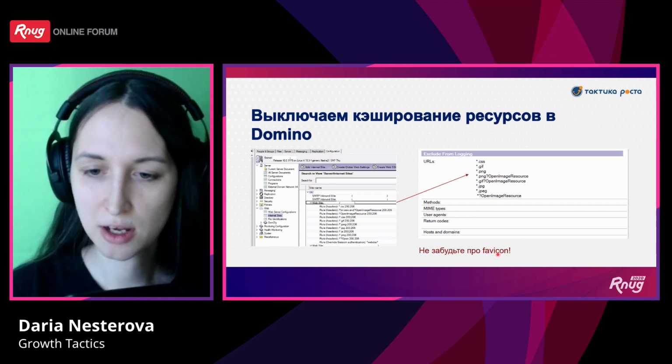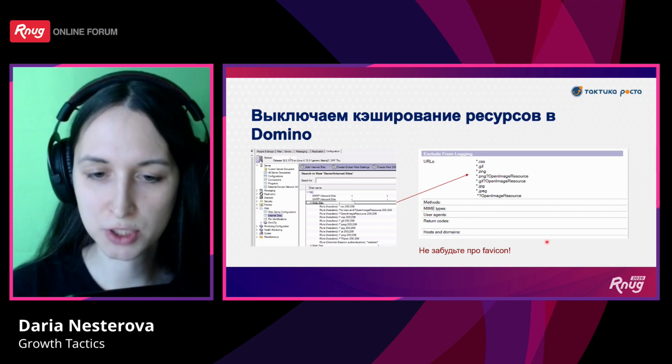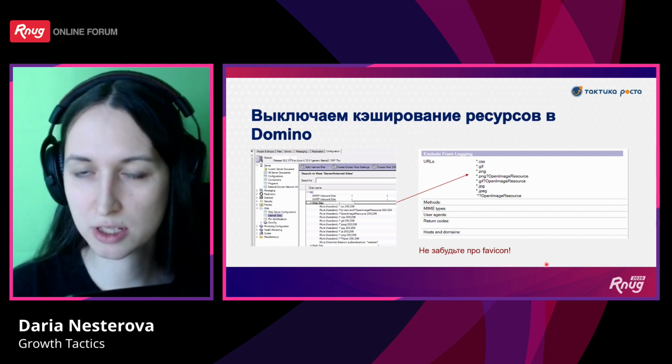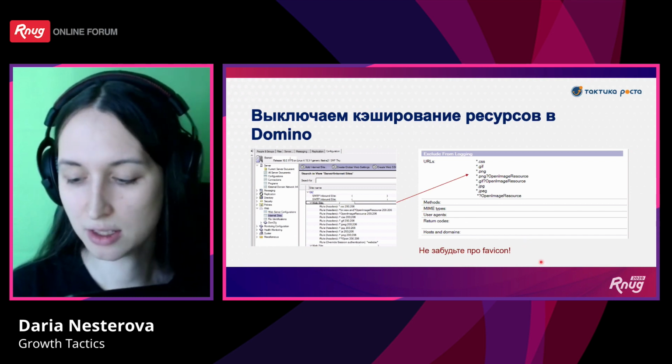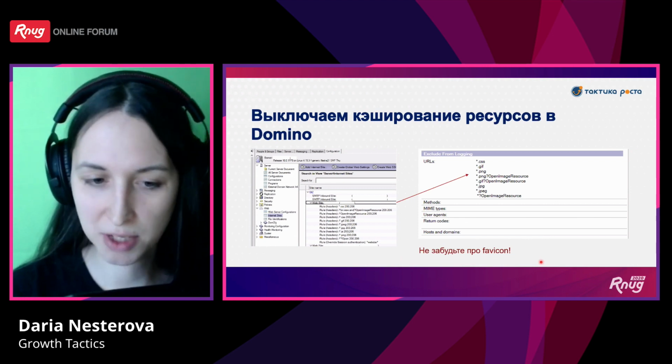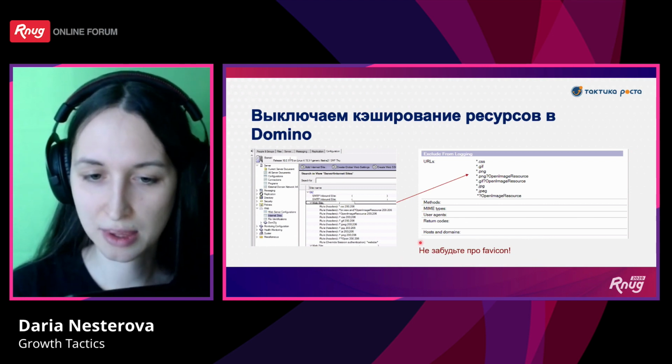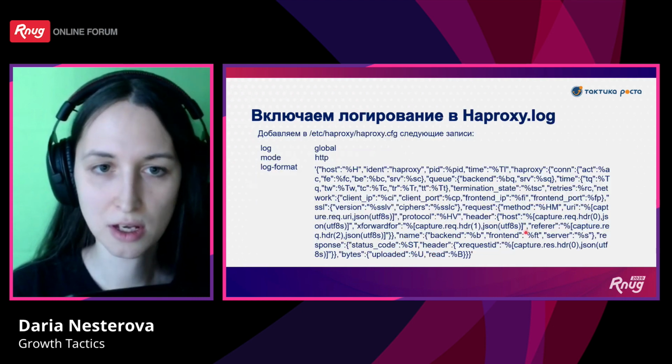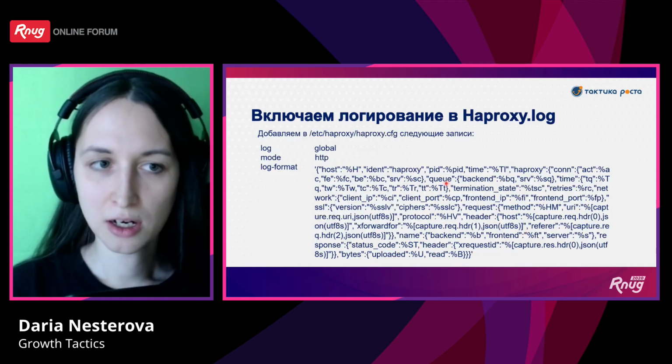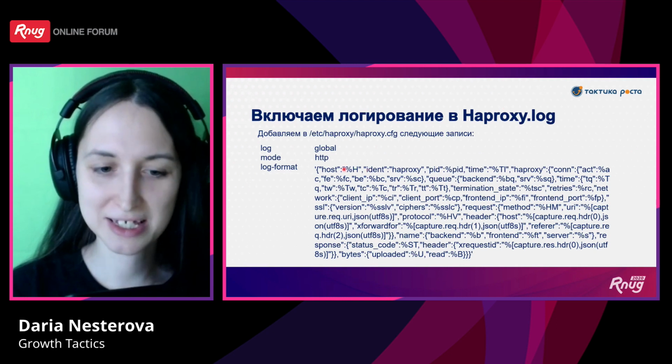So please don't forget about the favicon. In our case, the weight of this icon was 500 kilobytes, and we decided to replace it. Through that, we could reduce our load on traffic, and it was a very convenient step for us.